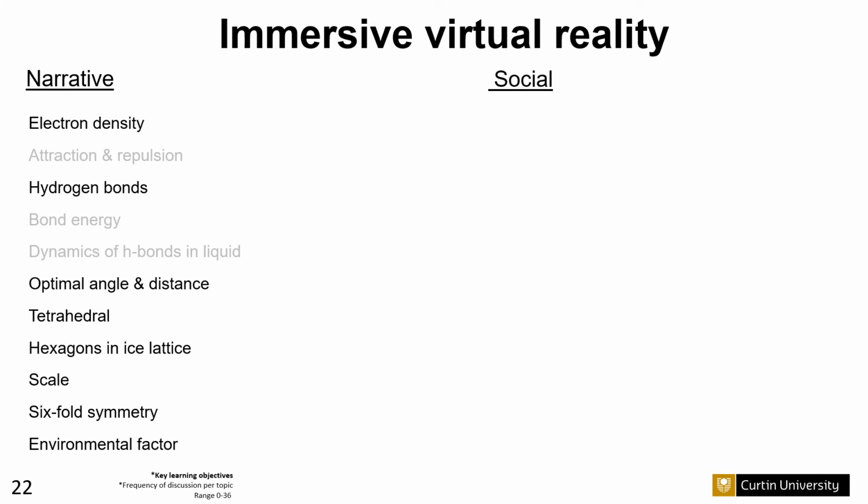We discussed the sensory and actional immersion of immersive virtual reality. So next is the social immersion. What happened here? Let me remind you again that this program that we designed allowed two students to be in the same virtual space at the same time.